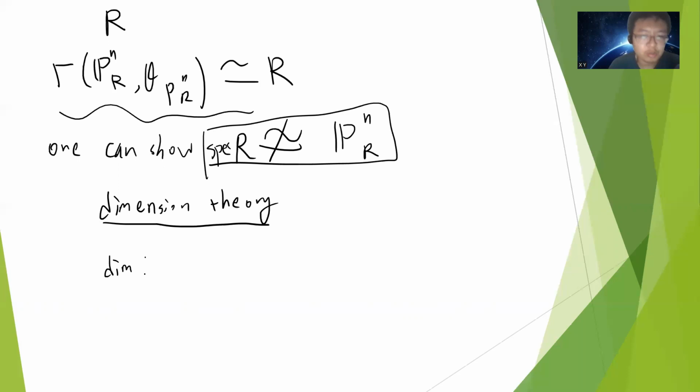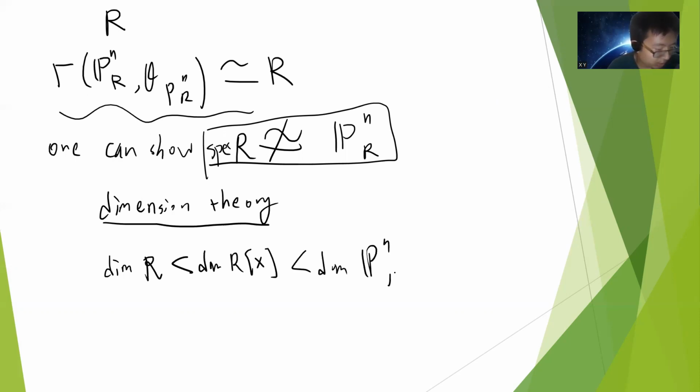And one can show that the dimension of R is less than the dimension of R[x], also less than the dimension of P^n_R. So if you use dimension theory, then you can prove they are different.